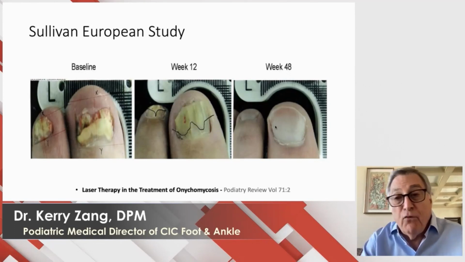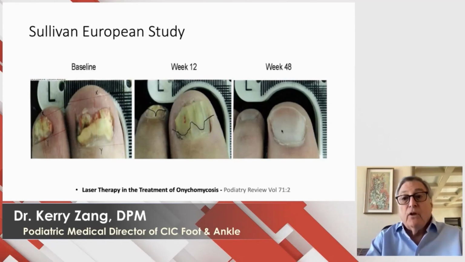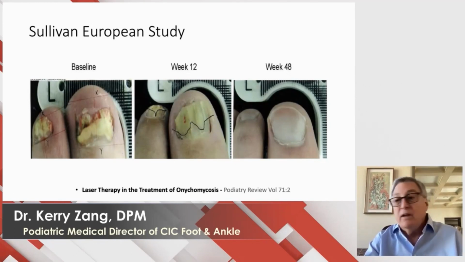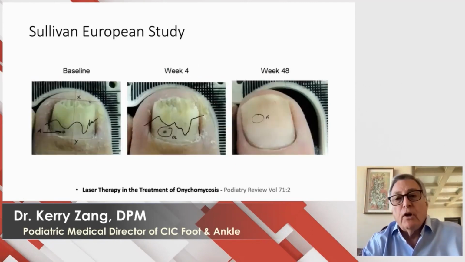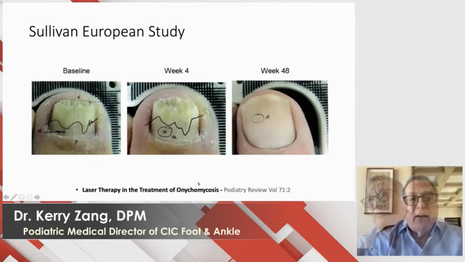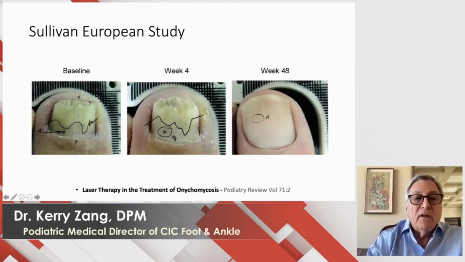And at the end of 48 weeks, close to a year, great toe, second toe, relatively clear. So if we go ahead and look at another picture, baseline on the left, you can see the involvement at 4 weeks and at 48 weeks.